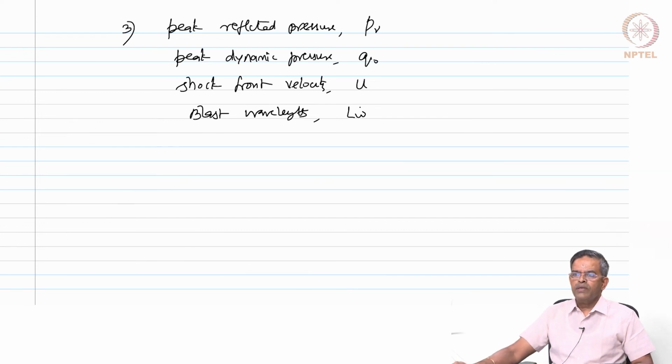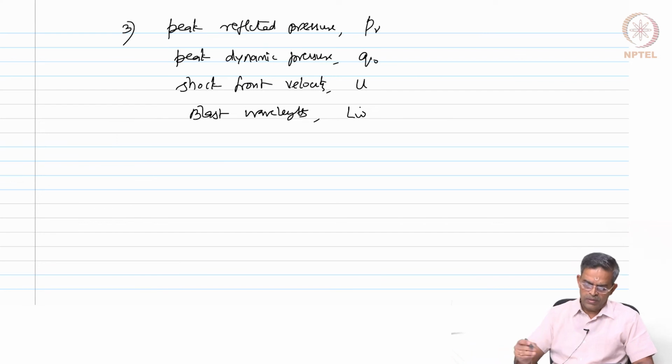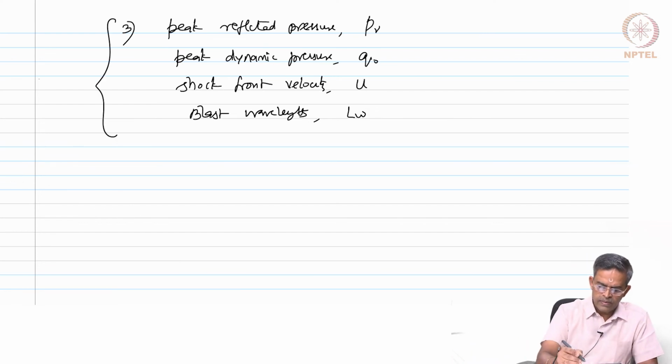The secondary parameters can always be derived from the primary blast wave parameters. So, these are called secondary parameters. Okay.